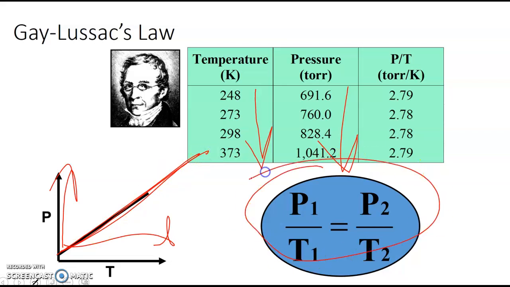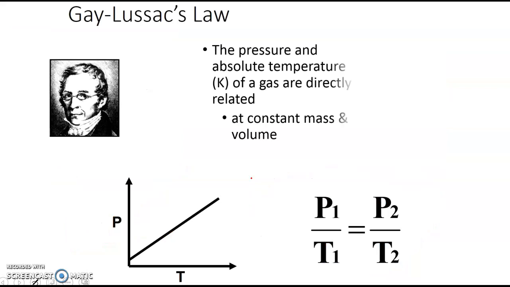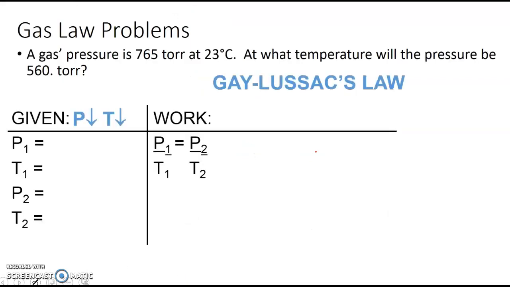We can use a very similar equation for this, and again, we're going to have to use Kelvin, not Celsius. We're assuming everything's constant as far as mass and volume goes. If we look at the example here, even though we prefer atmospheres, we can use torr. That's no problem. We got 765 and 23.